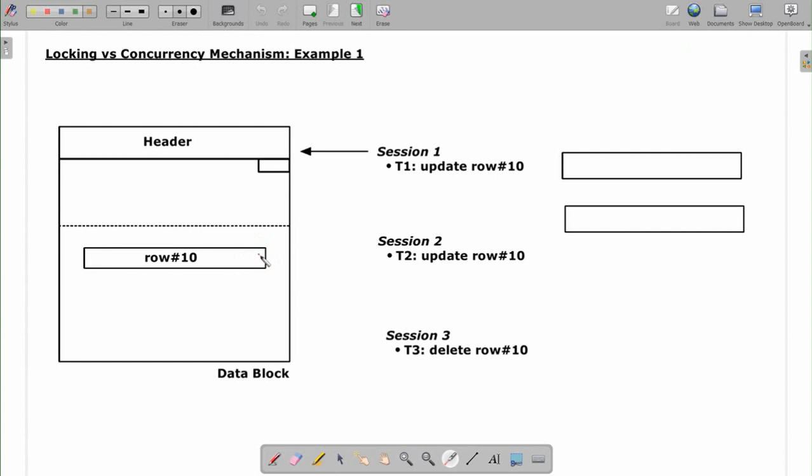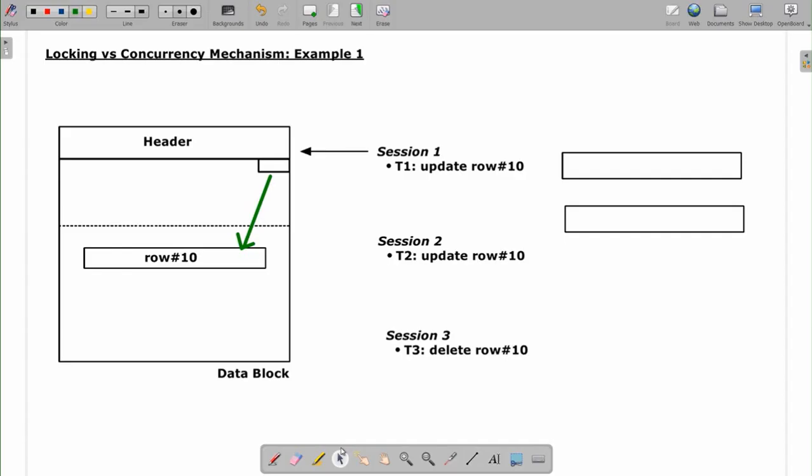And in order to support this update statement, behind the scene, we have to allocate a transaction slot to store lock status information. So the row level locking. Session 1 is currently updating row 10.